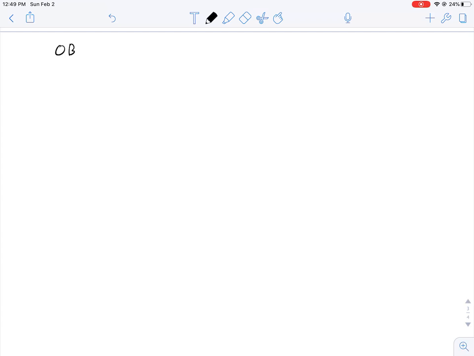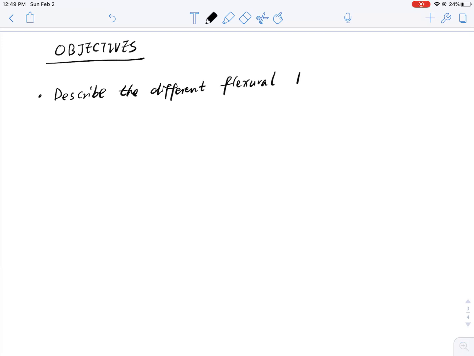So first of all, let's take a look at some objectives. First, we need you to be able to describe the different flexural behavior of an RC beam in terms of strain condition.